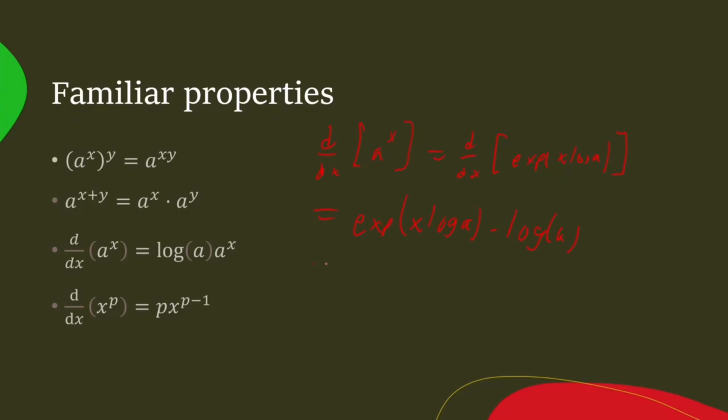And of course, exp of x log a is a^x. So we have a^x times log of a, and that's the quantity that we see on the right-hand side. This demonstrates the equality of the third item. So this is just an example of how to use the definition to prove some familiar properties of real exponentiation.